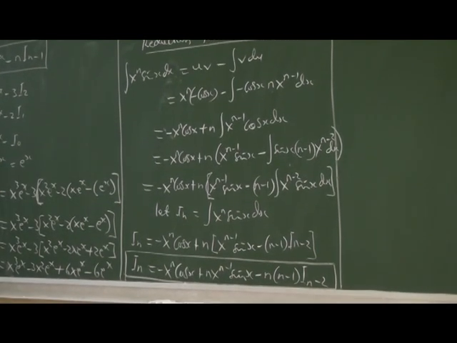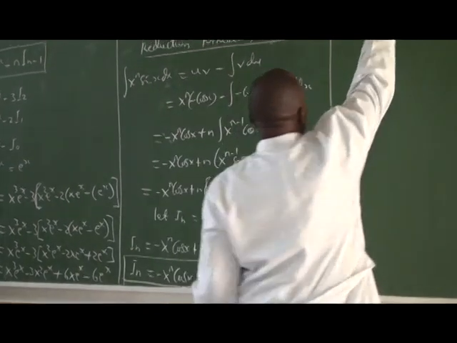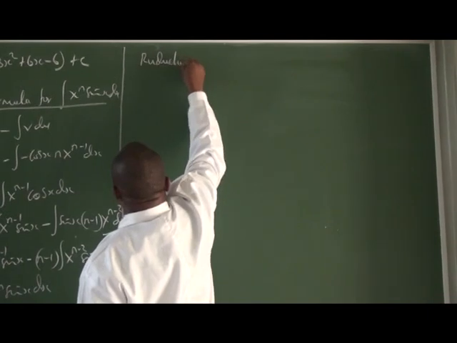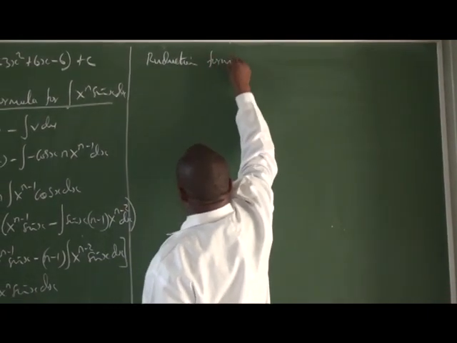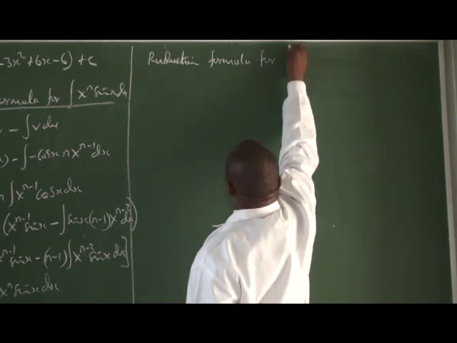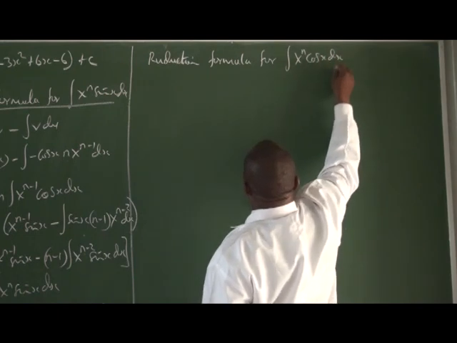So we'll do one reduction formula again, that is the reduction formula for the integral of x^n cos x dx. All right.